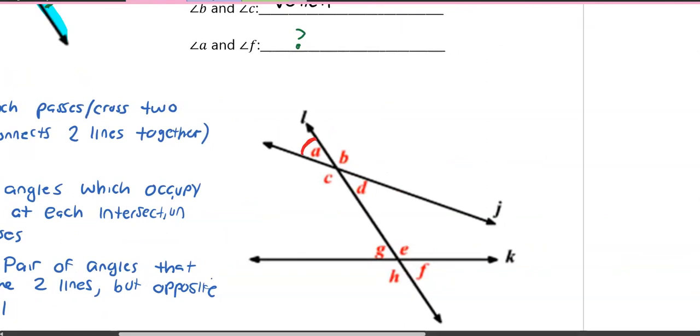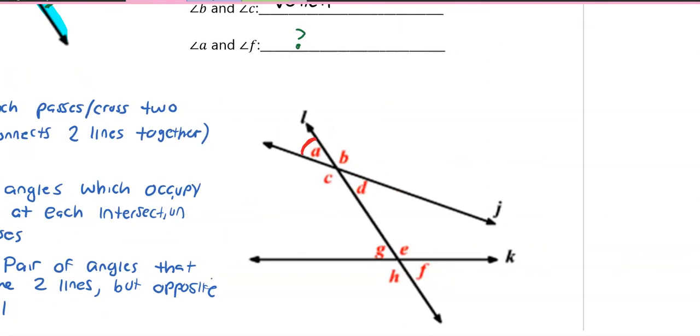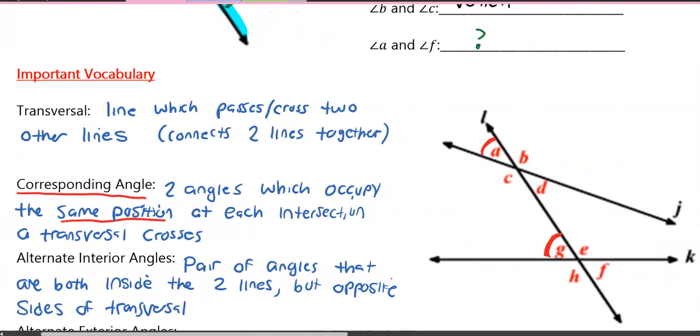Angle A is located above line J and to the right of the transversal line L. Remember, line L is the connecting line. So down at the intersection at the bottom, which angle is going to be above its line, in this case K, and also to the left of the transversal? Well, that would be angle G. So one example of a corresponding angle pair would be angle A and angle G.